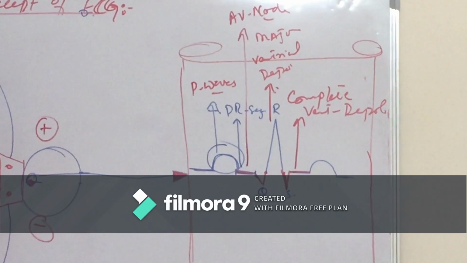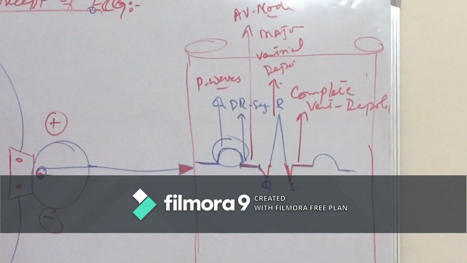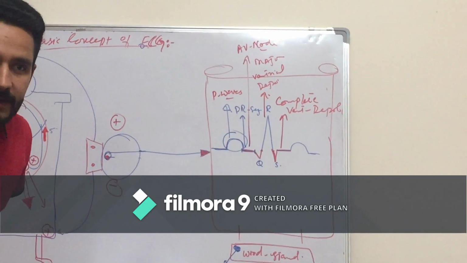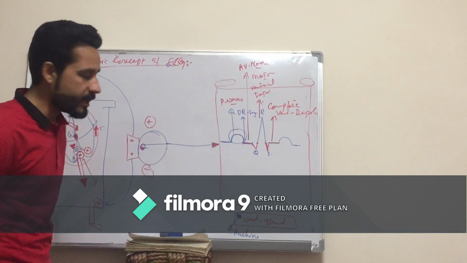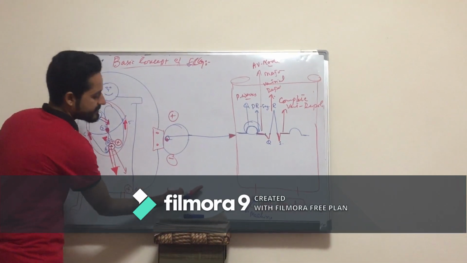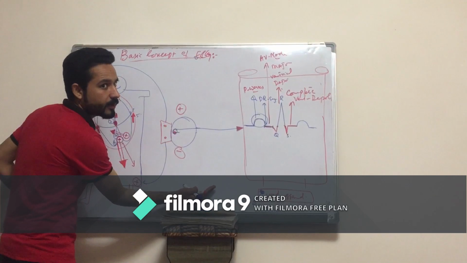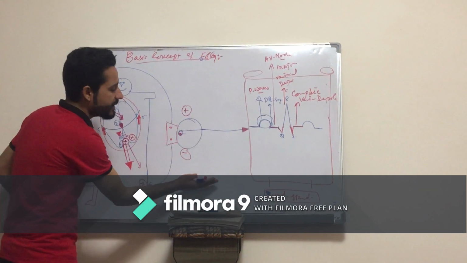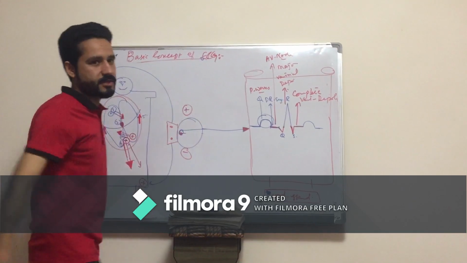Now, as you know, when the depolarization is complete, obviously the second step is repolarization. So the ventricle will start from what? From the subepicardium myocardium. It will start repolarization.